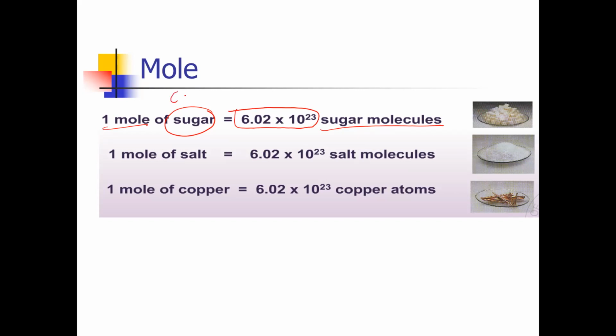Sugar is C6H12O6. If you look at your periodic table, you can take out your textbook and find a periodic table. Can you see that carbon, hydrogen, and oxygen are all non-metals? When a non-metal reacts with a non-metal, it will be a molecule.